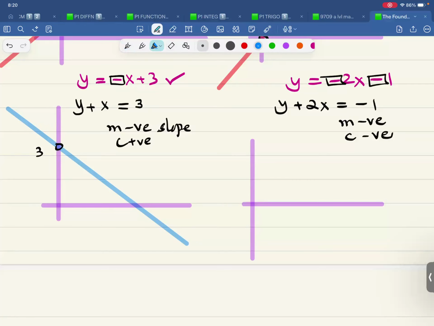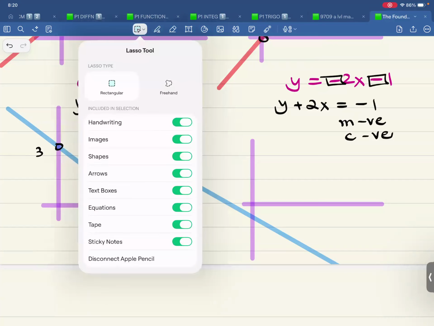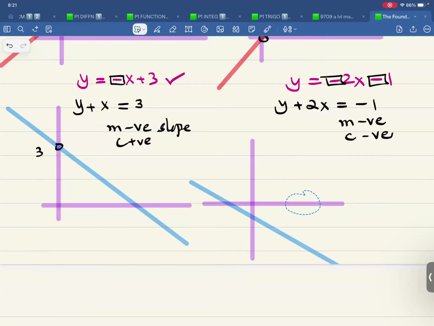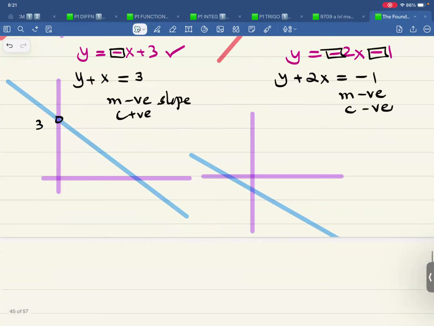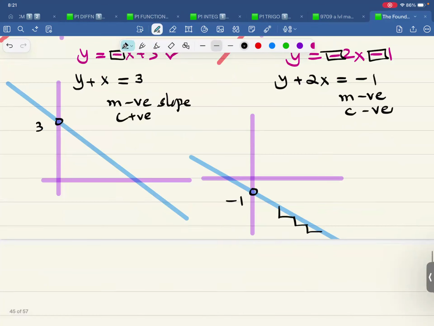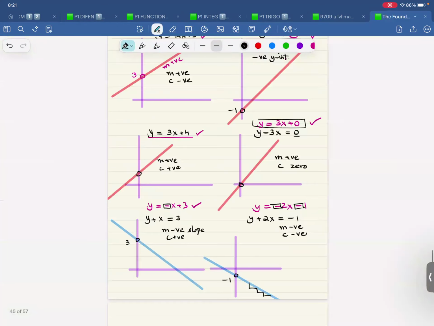And it's going to go like this. Something like this. Okay. And let me push this thing over here freehand like this. Okay. So now look over here. This is negative slope. And this is negative y-intercept. This is -1. And the slope is going down like this. So I hope this is all good, all clear.